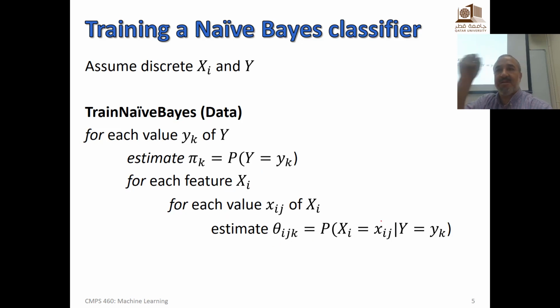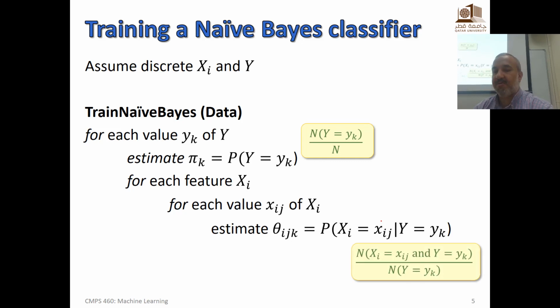So this is the pseudocode for computing all the probabilities in the model. This is how this probability will be computed, and this is how that probability will be computed. And this is exactly what we did in the previous slide. Any questions about training or testing with naive Bayes?